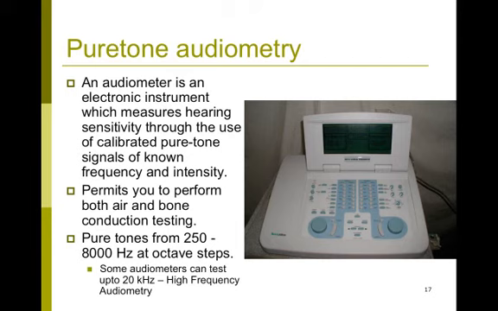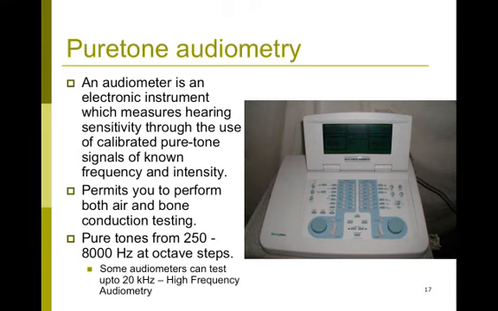So let's talk about pure tone audiometry. An audiometer is a calibrated electronic instrument that enables us to measure one's hearing sensitivity using pure tones that you can vary in terms of frequency and in terms of intensity.